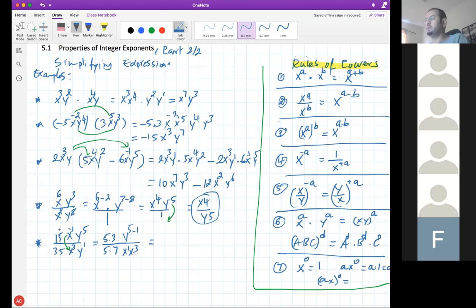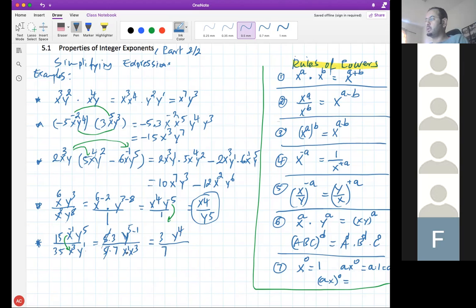We moved this down, it turned positive. These we subtracted right away because they're in a fraction. So the 5s cancel out, so we're going to have 3 over 7. And y5 minus 1, of course, is y4.